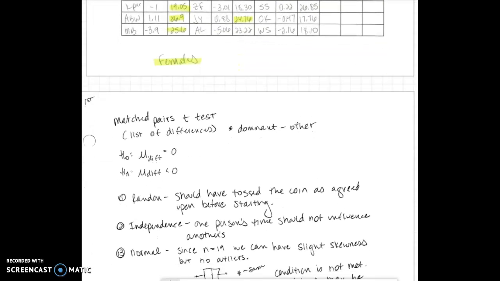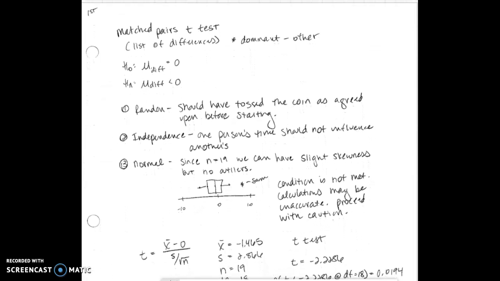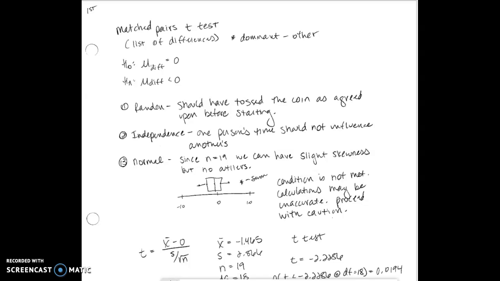For a one sample test, we have one list of data. Matched pairs is the same thing. The key here is that we are looking at the list of differences. In this case, we did subtract dominant minus other. For the null hypothesis, if there were no difference in the amount of time it took to place the candies, then that would be equal to 0.